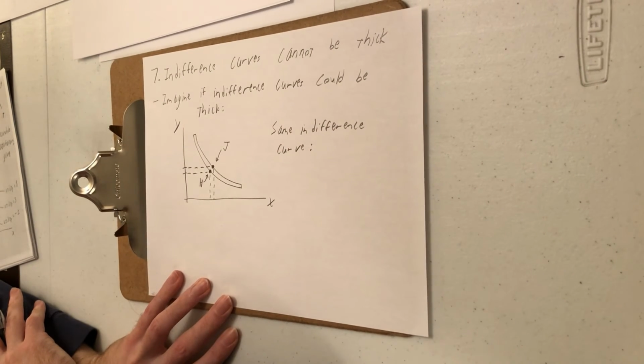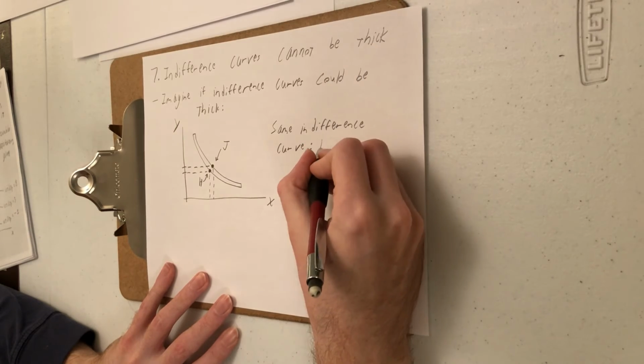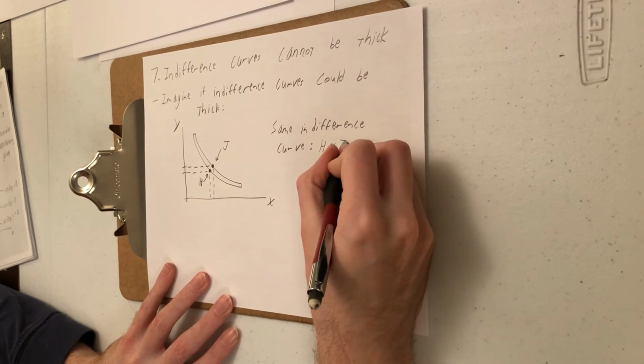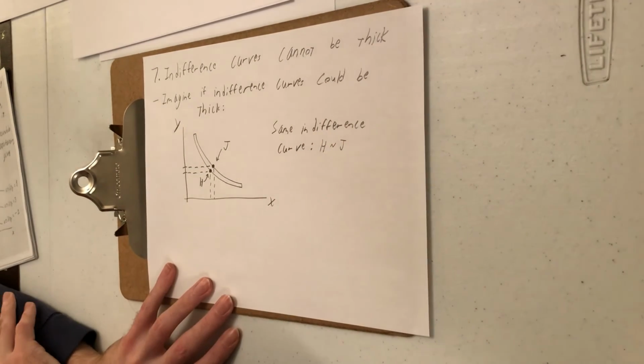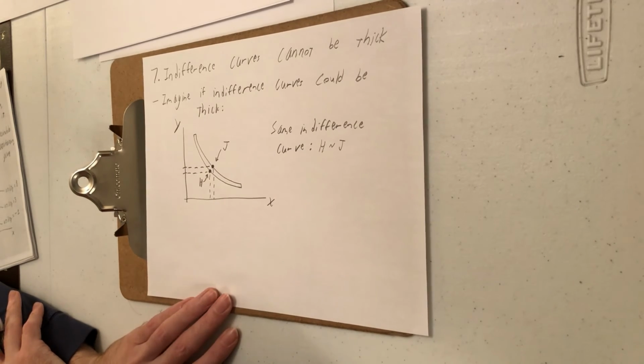So indifference curves connect all bundles that are equally good. So the same indifference curve, then H and J are equally good. So you'd write this. Indifferent between H and J.